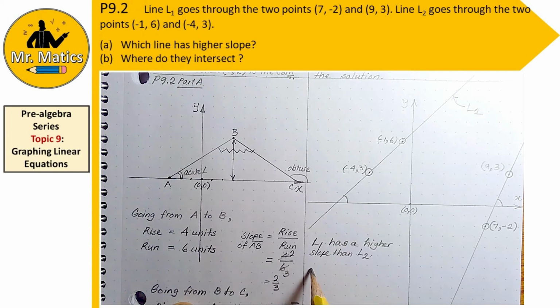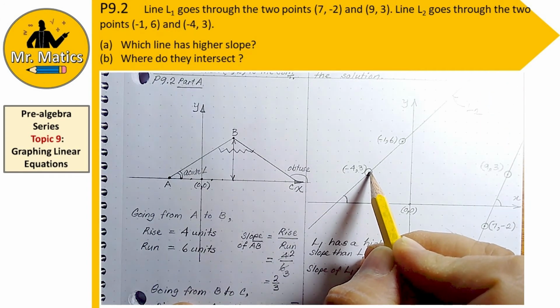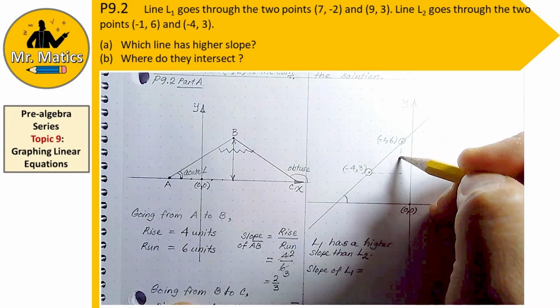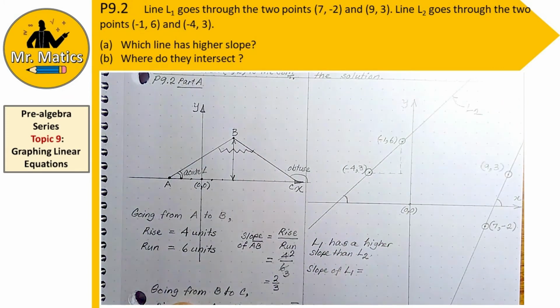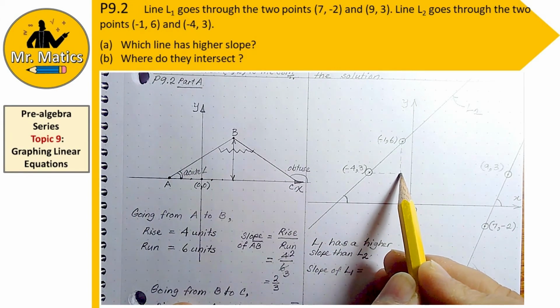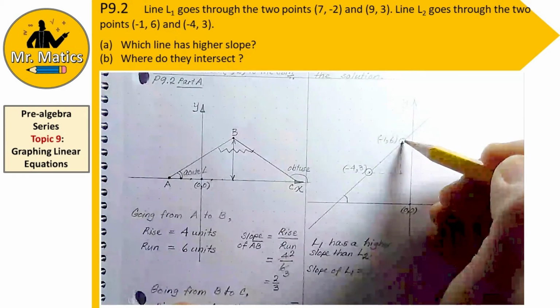So slope of L1 is rise. How much rise do I have going from this point to here? 1, 2, and 3 units, that will be the run, and 1, 2, and 3 units, that will be the rise.